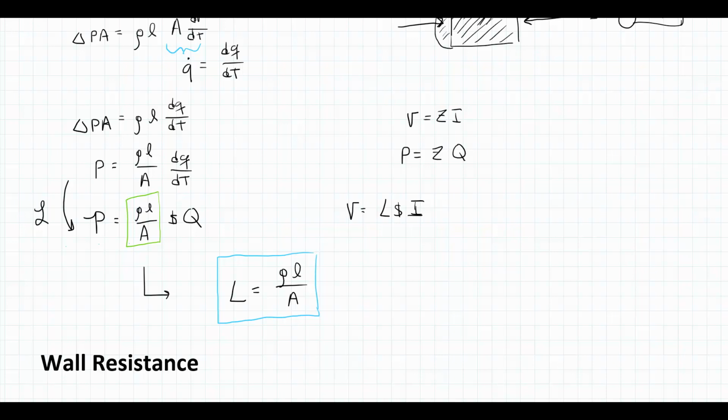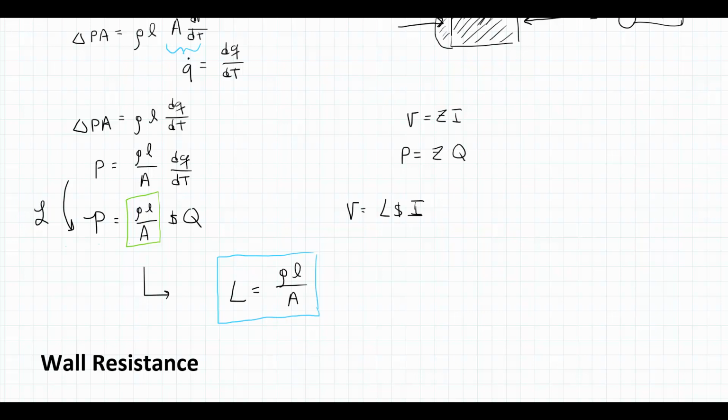Now let's take a quick look at this relationship. The denominator here is the cross-sectional area of the pipe. What we're going to see is the larger that area is, the lower this inductance is. So for sufficiently large pipes, that is ones with what we'll call large cross-sectional areas, this L is going to be relatively small, to the point that usually it's going to be neglected.